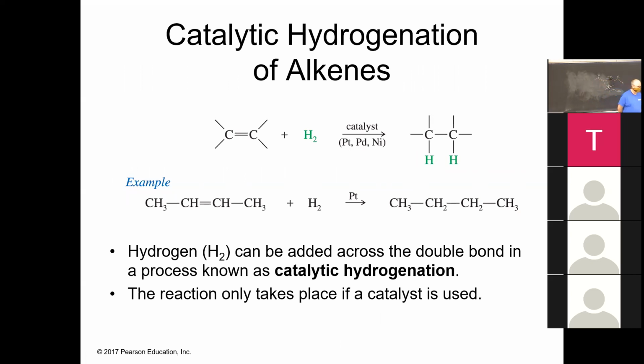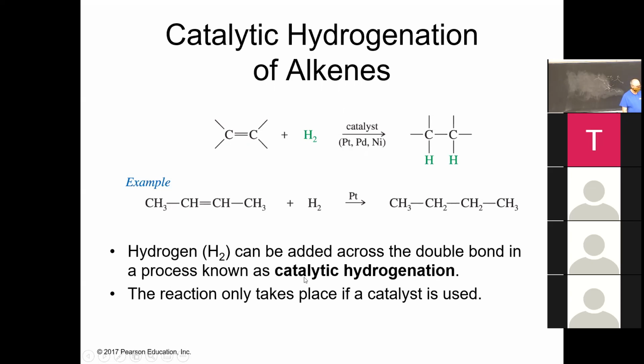So here we have hydrogen gas, and this reaction has an extremely high activation energy, but if we add a catalyst, it can take place readily at room temperature, just a few atmospheres of pressure. This is often something we can do in the laboratory on the bench top if we have thick-walled glass containers. So butene adds hydrogen to form butane.